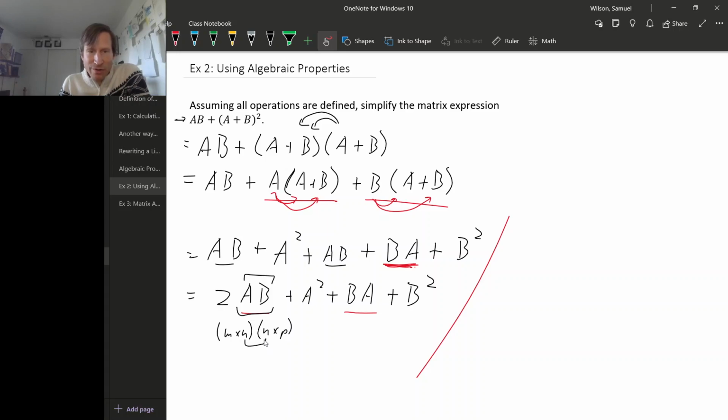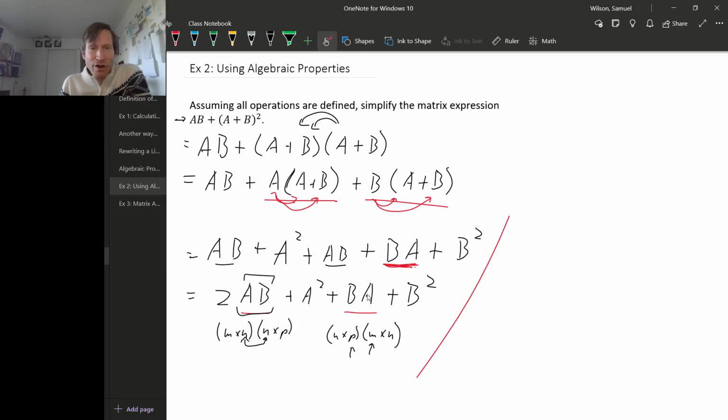So right there, these inside sizes have to match. What about this one? Well, B is n by p, and A is m by n. But for this to be defined, these sizes had better match. So p had better be equal to m. So instead of p, let's write m, since they must be equal.